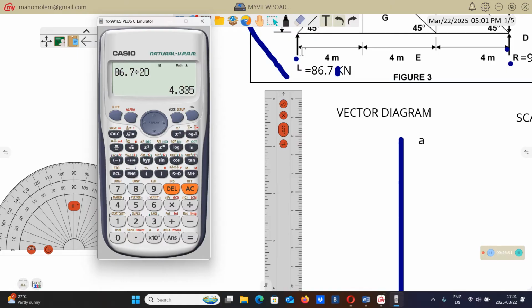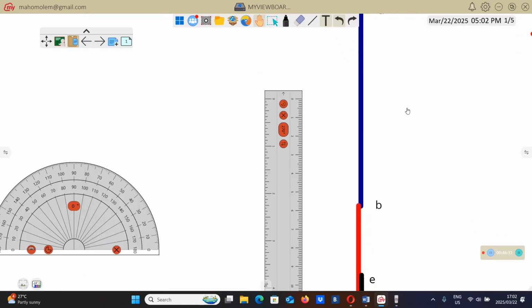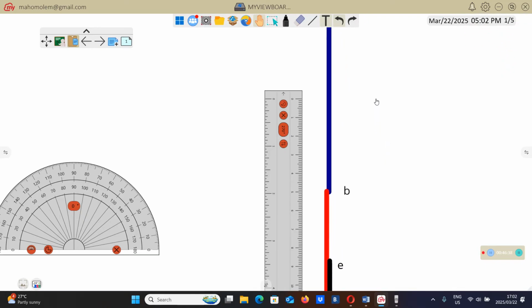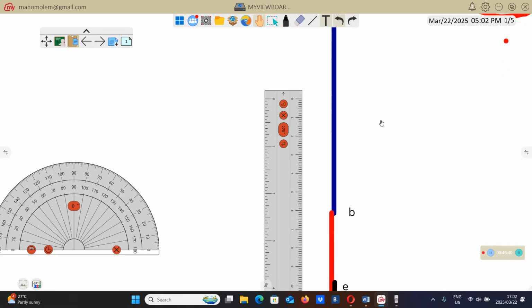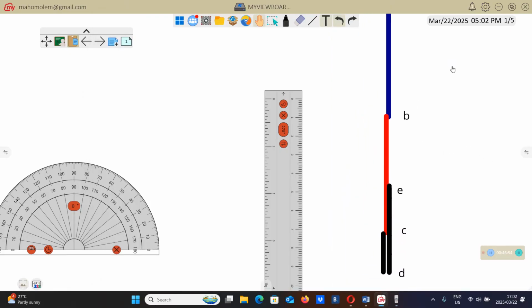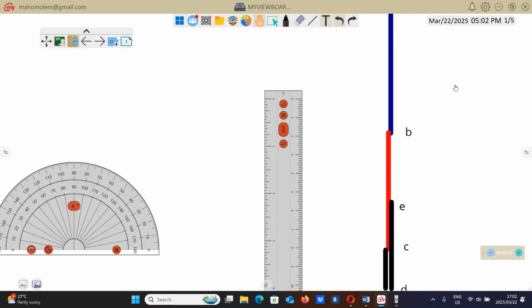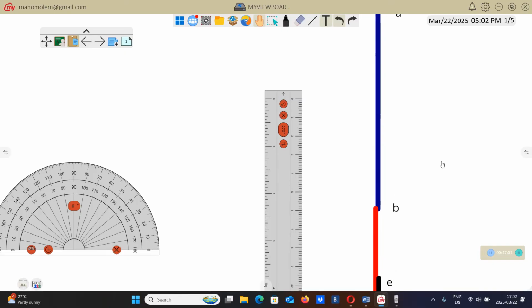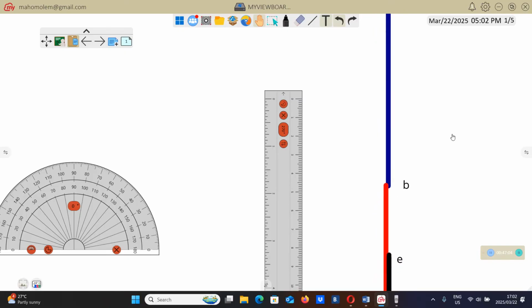Since this is going up, from that point E we have to draw an upward line. That upward line will have to be 4.35 centimeters. Let me see something. Seems like something is not right here.